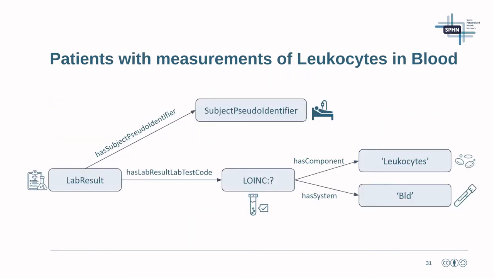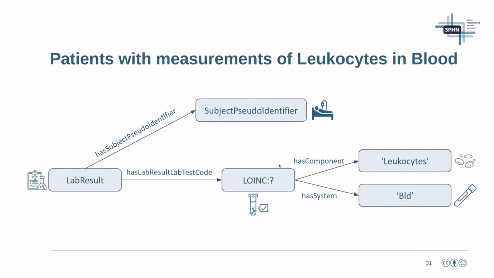Now what we can do also is to go one layer up, and maybe we don't know which LOINC code we want to retrieve, but we are interested in patients that had measurements done of leukocyte in blood.